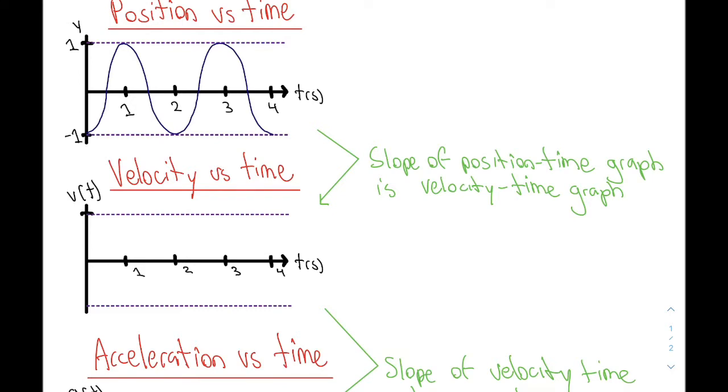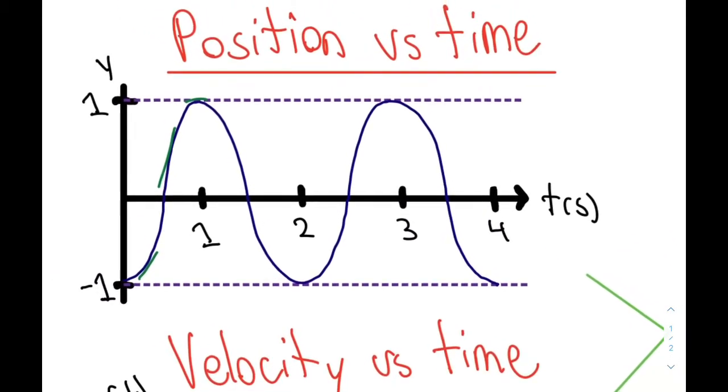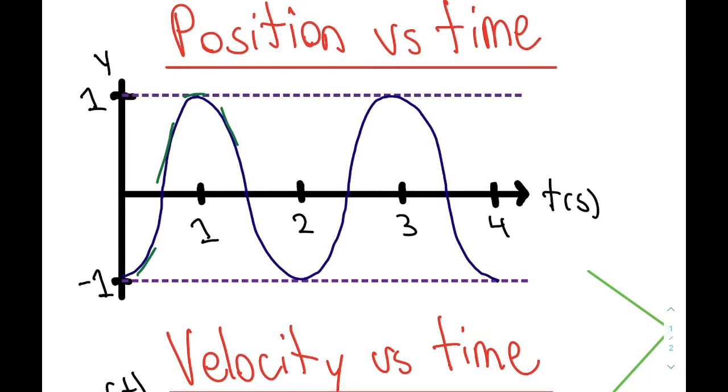A good way to see that is to look at the tangent lines. So if we look at a tangent line here, that's positive. Tangent line here is positive all the way up until 1, where it becomes 0. And then from that point on, the tangent lines are all negative up until the minimum value, -1.